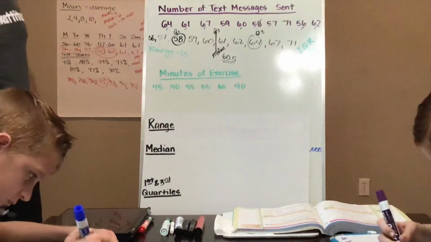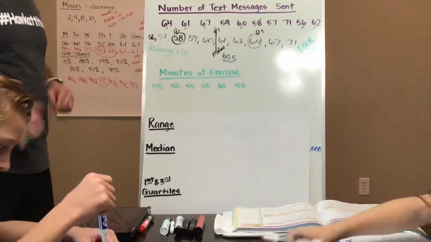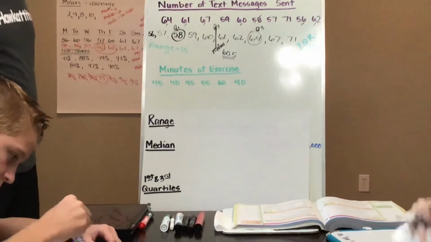The range, the median, the first and third quartile, the IQR, and then outlier if there is one.